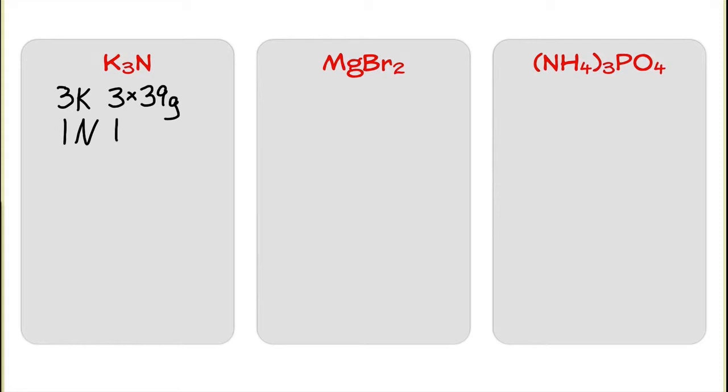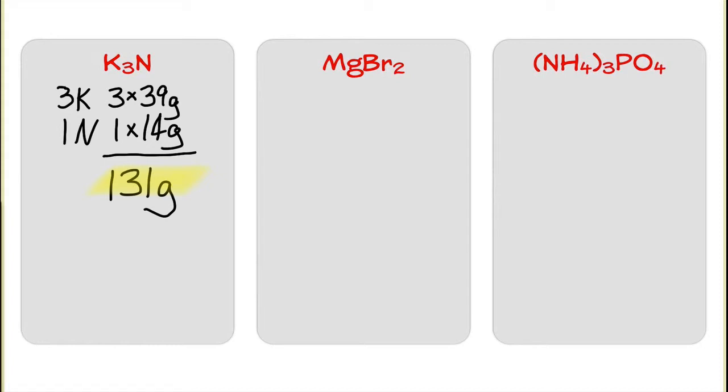And the atomic mass of nitrogen is 14 grams. And so what we need to do to calculate the molar mass for this compound is just add these all up together, and what you should get is 131 grams for every 1 mole of this particular compound.